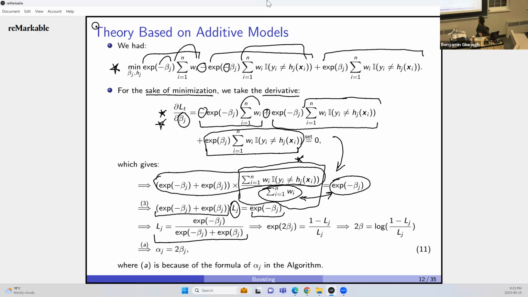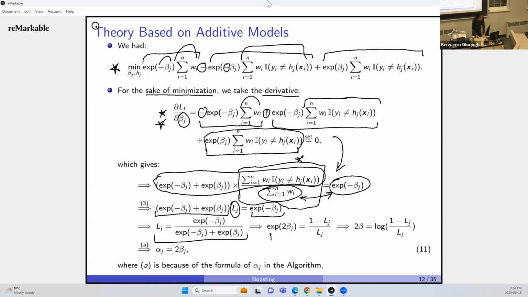Now, what happens? If we, yeah, exactly. If we rearrange this term to have only beta j, but write it in terms of Lj, if you rearrange it, you will get this expression.